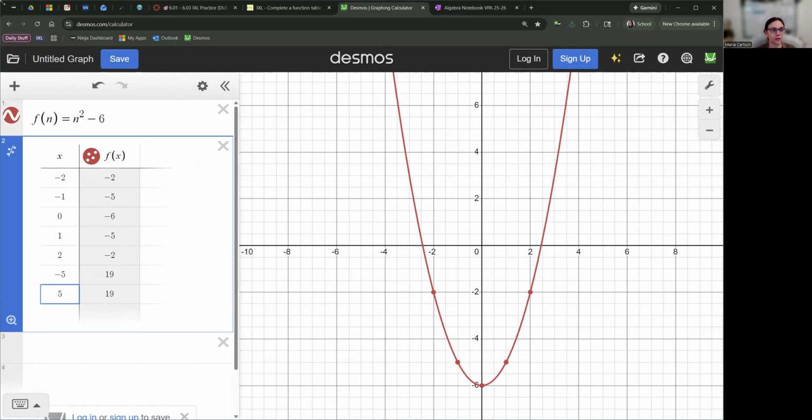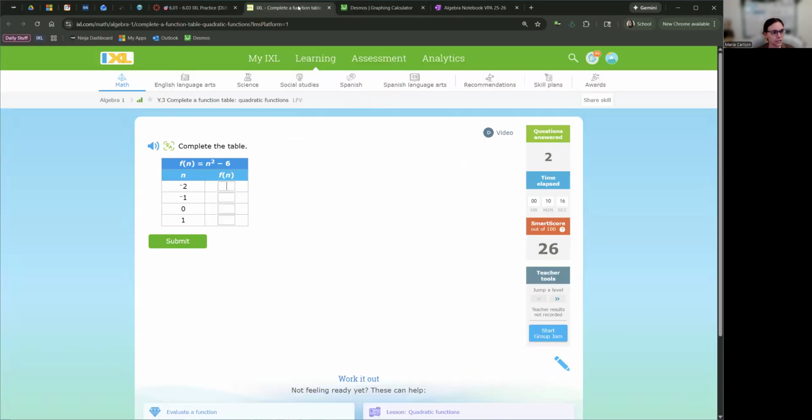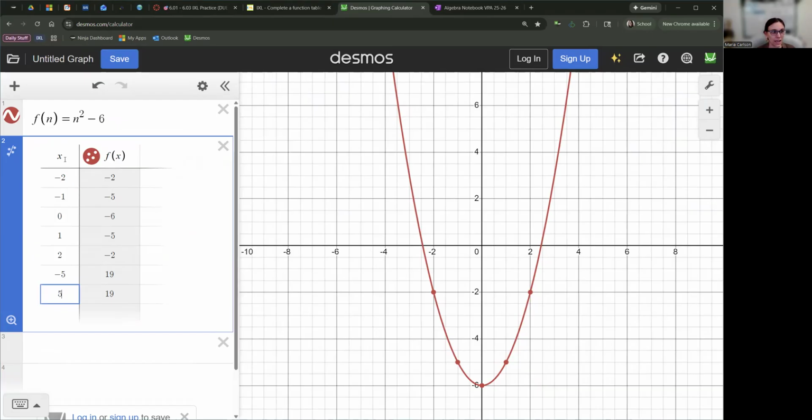So here is f of n, our function, equal to n squared minus 6. And we need -2, -1, 0, and 1. So when n, or here it's using x, notice it kind of defaults to that. When our input is -2, the output is -2. And that makes sense. We see the point x is -2, y is -2 on the graph. When x is -1, y is -5. The output of the function is -5.